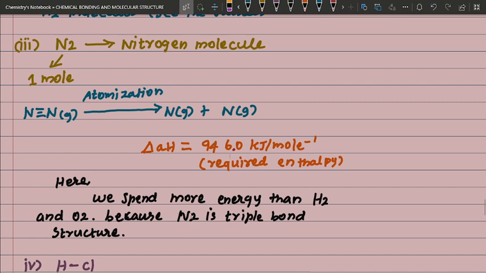Here we spend more energy than for H2 and O2 because N2 has a triple bond.